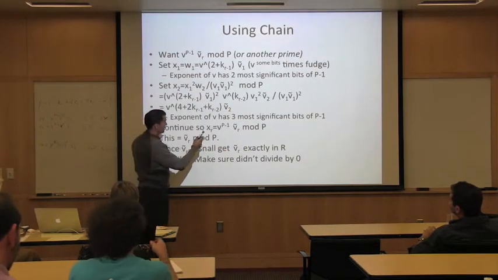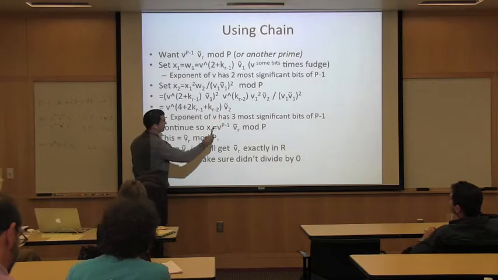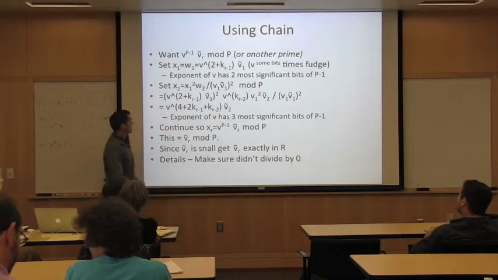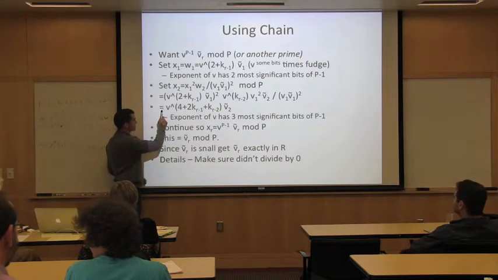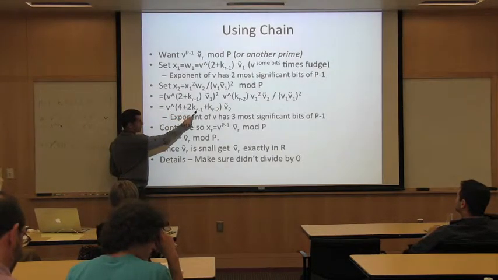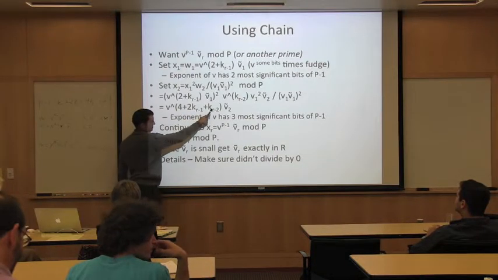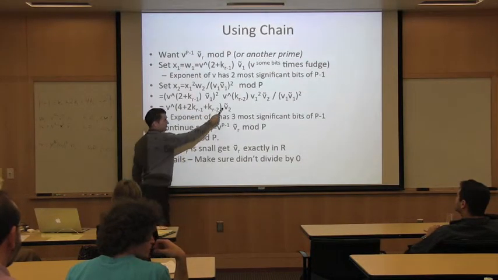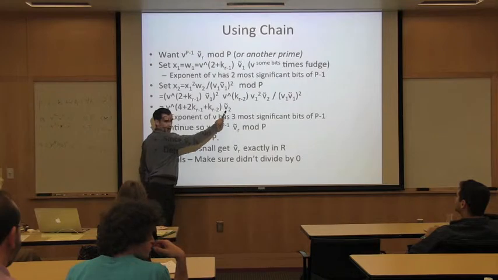And then you can divide out all the V1 terms. And you're left with this expression, which is V to the 4 plus 2 times this bit times this bit, times this other fudge factor, which is still there.